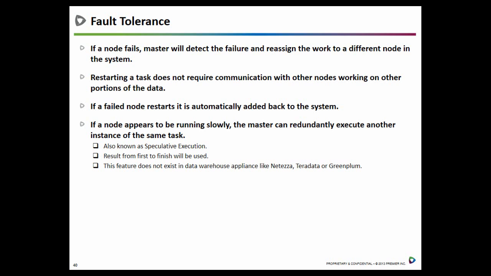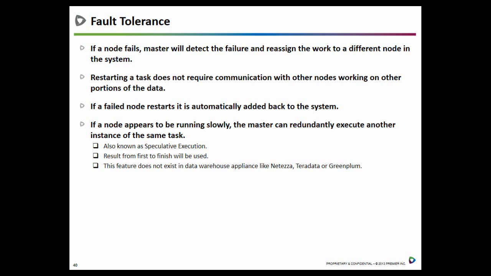If a failed node restarts, it is automatically added back to the system. So that's very important to know. If a node appears to be running slowly, the master node, which is what we call the SMP node, if you will, can redundantly execute another instance of the same task. This is also known as speculative execution, and it's the beauty of Hadoop that it does that.